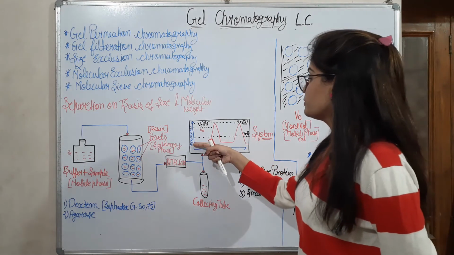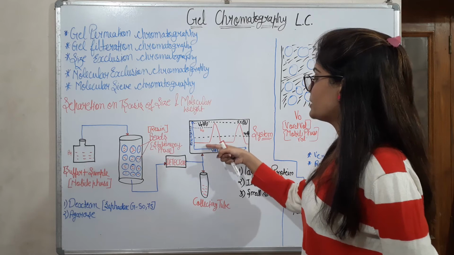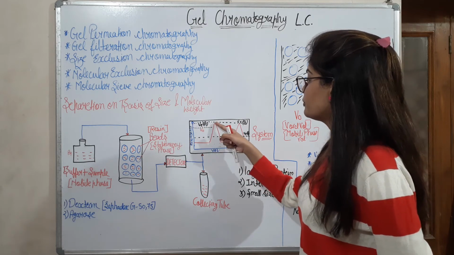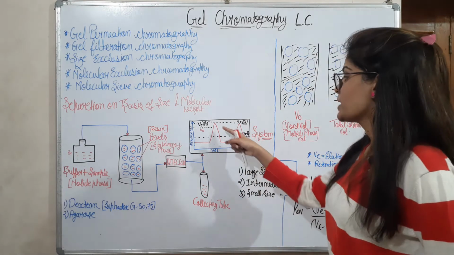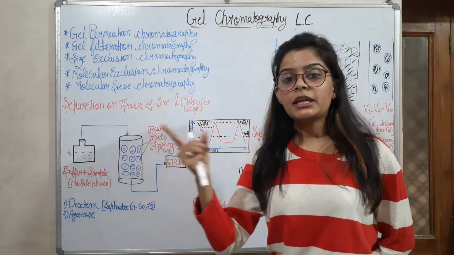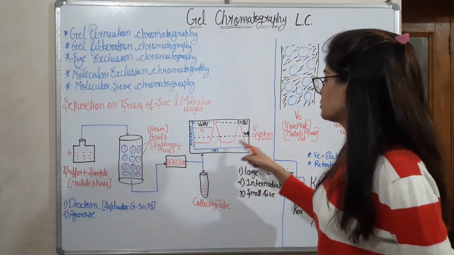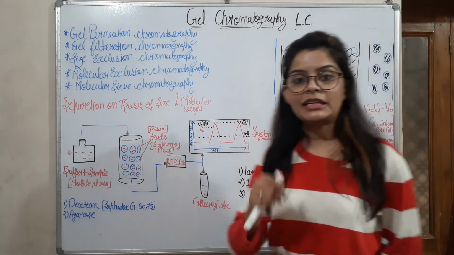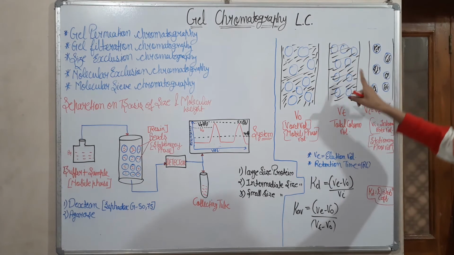So for this straight line, this is VO for mobile phase, then up to the first peak this is VEA, A protein volume, and then up to the second peak it is VEB, B protein volume. And total from the initial position to the final position is known as VET, total volume.